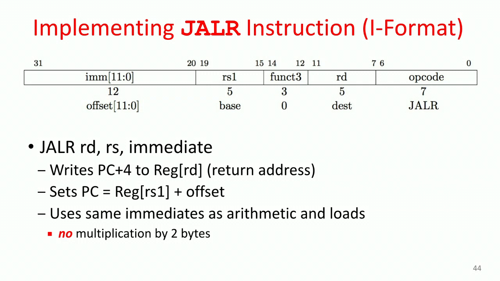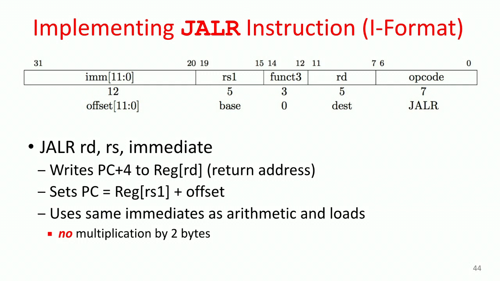Oh yeah, no, this is right. So as I said, we use this for a return. We're assuming that the address that we want to return to is stored in the register file. So this sets the program counter to a value in the register file. And we can have some offset off of that because we have an immediate, okay?